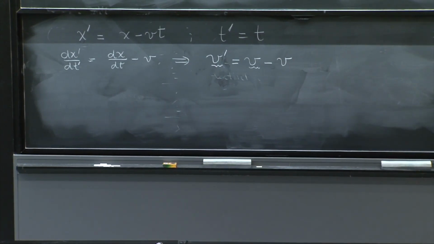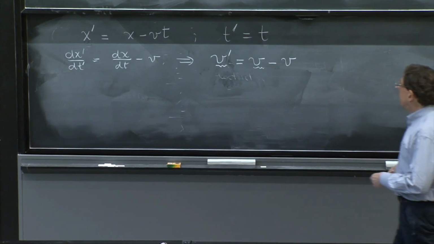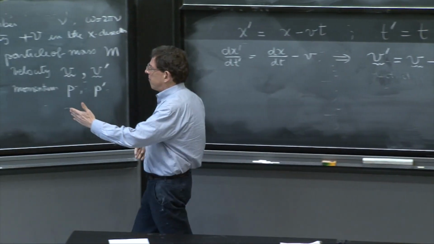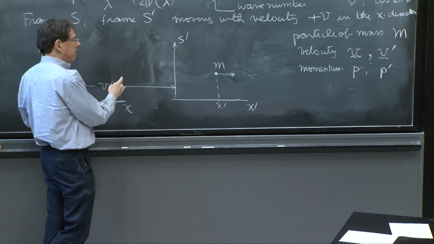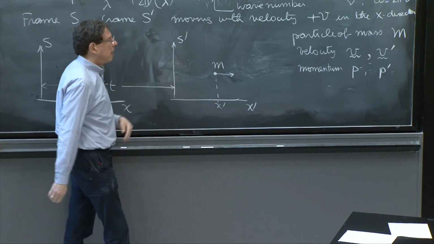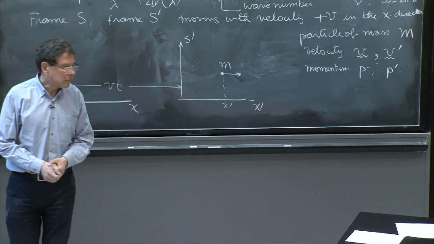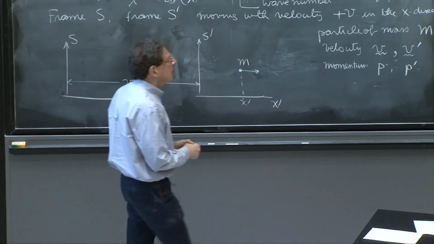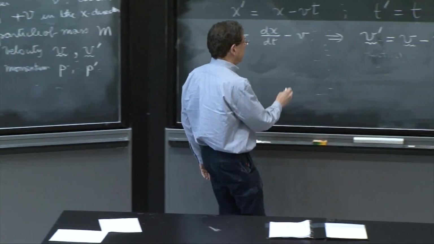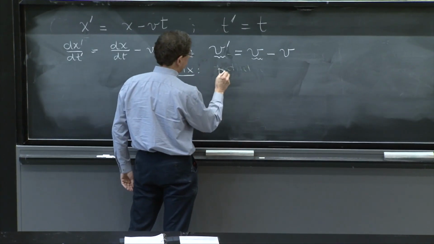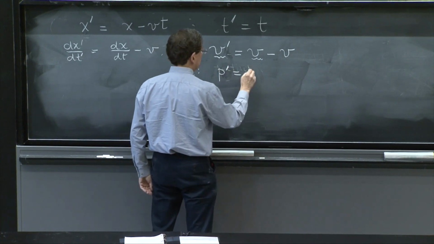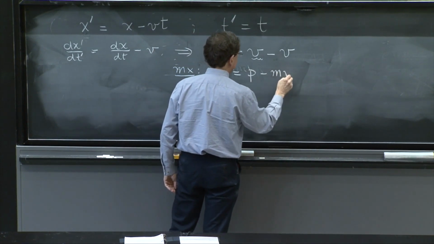And that's what you expect. The difference of velocities is given by subtraction of the velocity that the frame is moving. So if this particle has some high velocity with respect to the lab frame, with respect to this frame, it will have a smaller velocity. So the sign seems right. And therefore, multiplying by m, you get that p prime is equal to p minus mv.